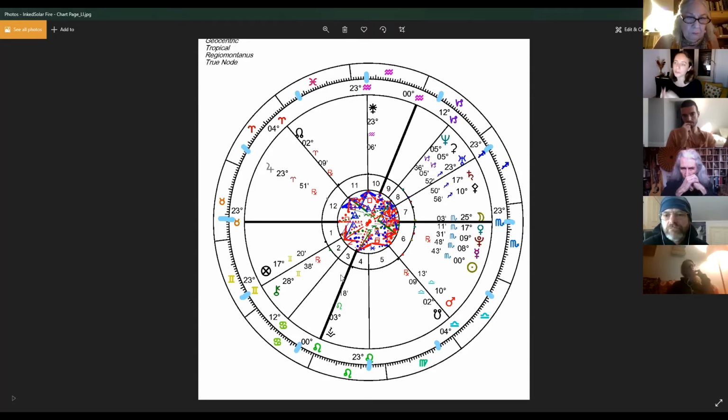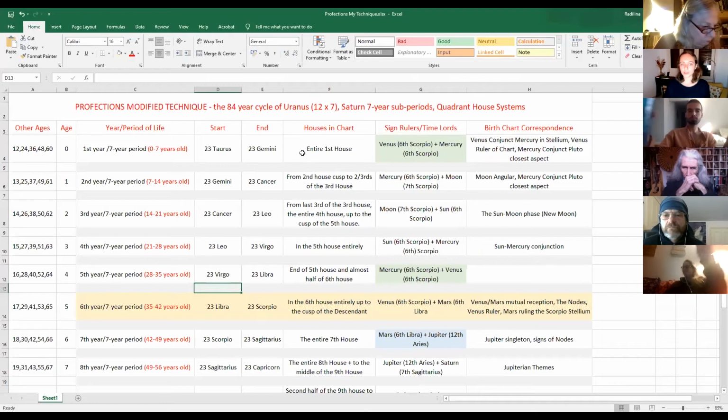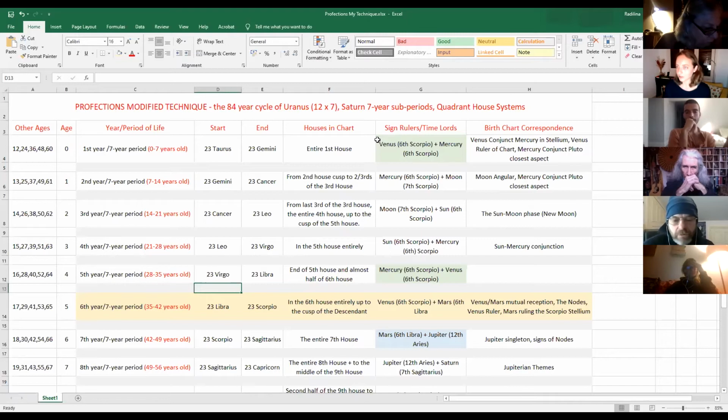So from the first degree of the first house to the very end, the cusp of the second house. And the ruler is Venus. So what I do here is I say entire first house, then I've got Venus involved because that's the ascendant. Venus is in the 6th house of Scorpio, so that here I'm taking into account the other house that I'm being referred to by the position of Venus.